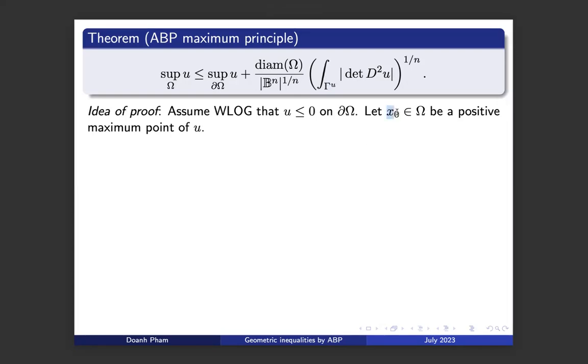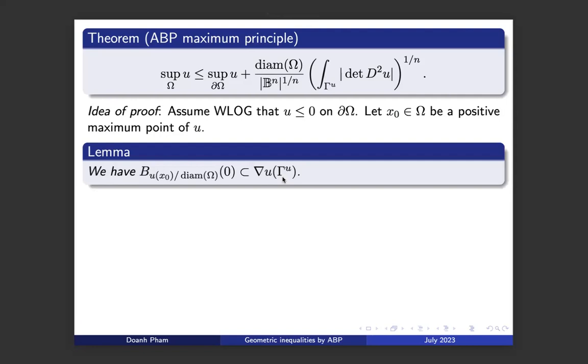So if we let x0 be a positive maximum point of U, then we have the following lemma. We have that the ball with radius U(x0) over diameter, centered at 0, is a subset of the image of the gradient of U on gamma U.